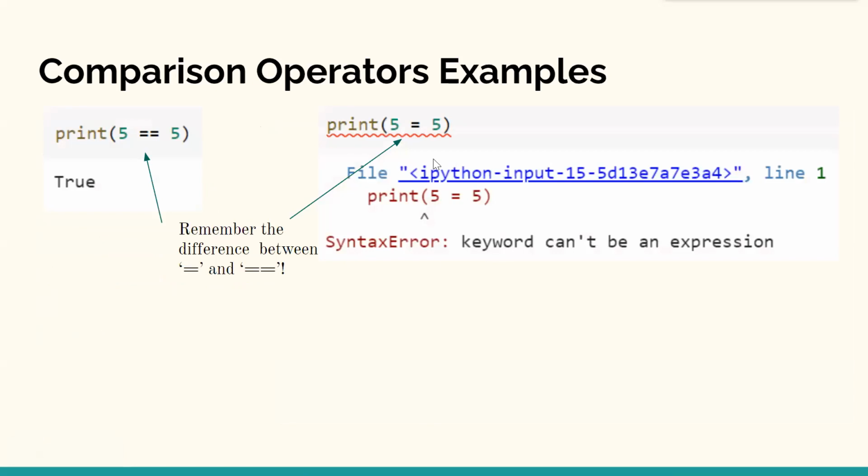Here, as you can see, because a single equal sign is not a comparison operator, this line of code here is not an expression, which raises an error. And if we use the double equal sign, it will work.